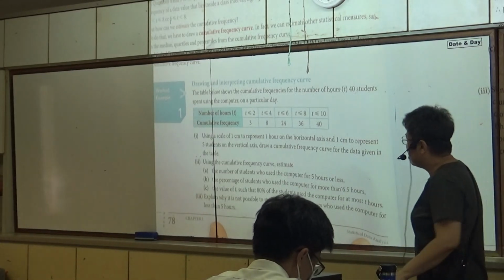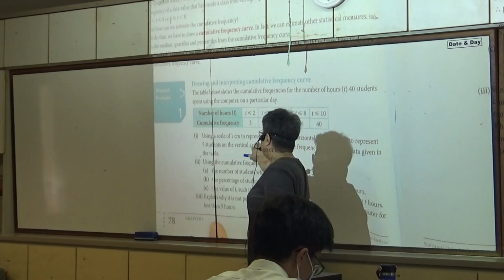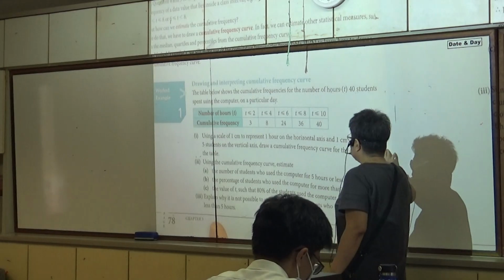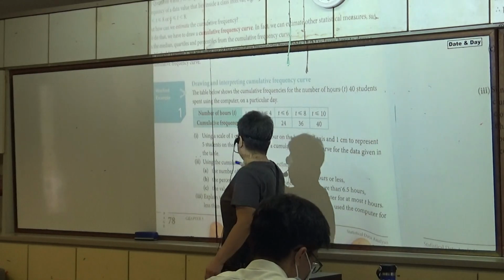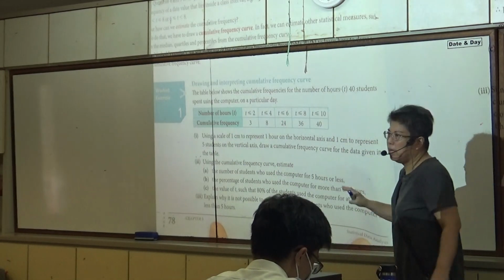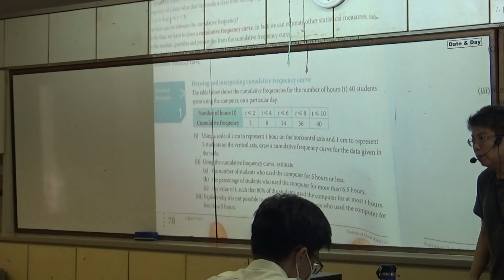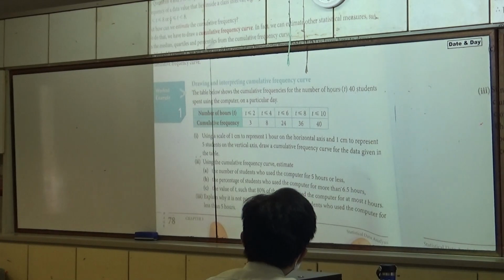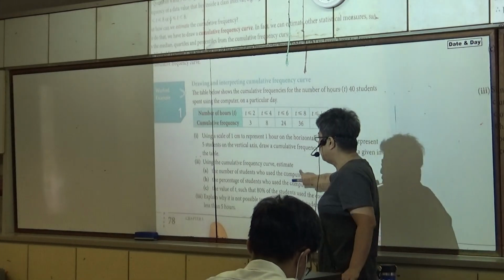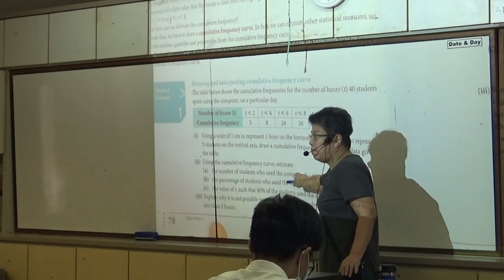Okay, now next. Using a scale of 1 cm to represent 1 hour on the horizontal axis and 1 cm to represent 5 students on the vertical axis, draw this curve. In the exam, the curve will be given to you. Is that clear? Now we are supposed to use the cumulative frequency curve to estimate.